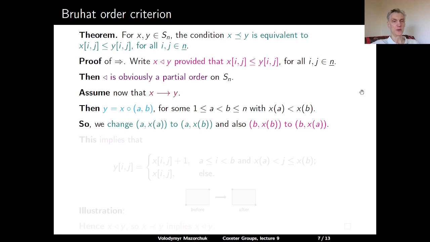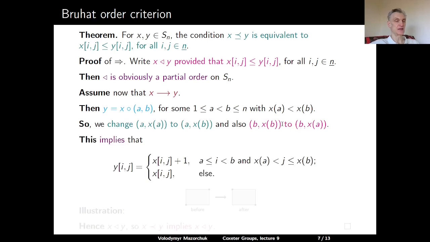So how do we obtain y from x, or the graph of y from the graph of x? In the graph of x, we have the points a, x of a and b, x of b. And in the graph of y, we change a, x of a to a, x of b, and we change b, x of b to b, x of a.